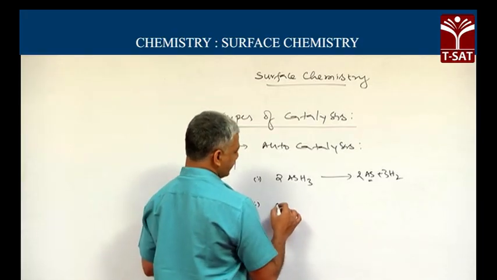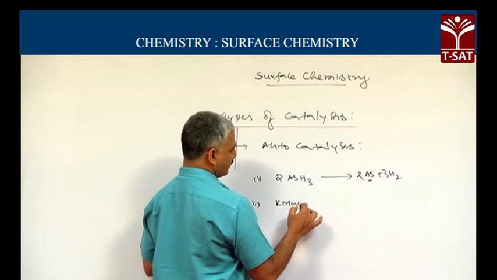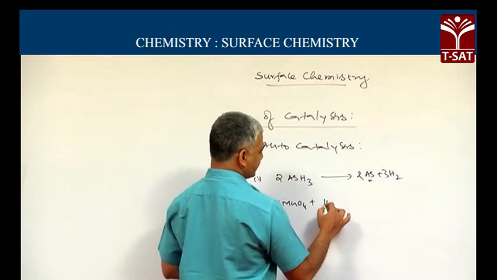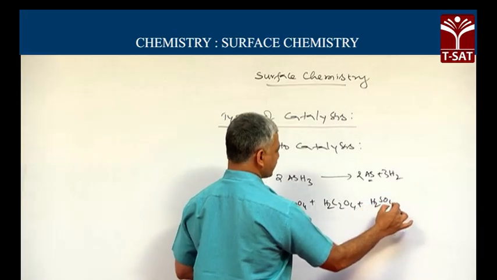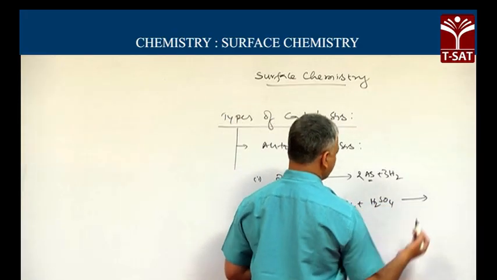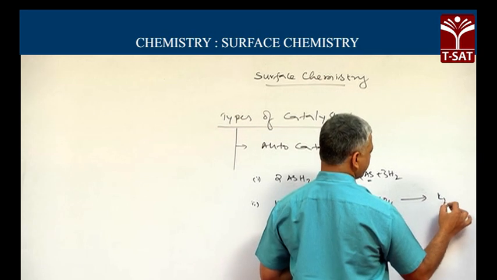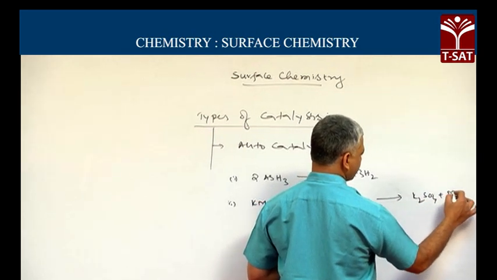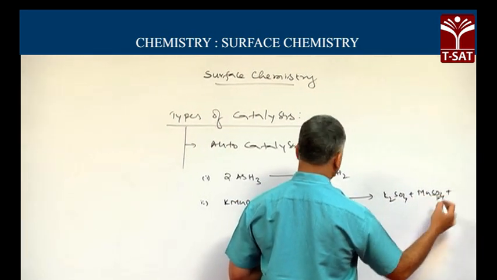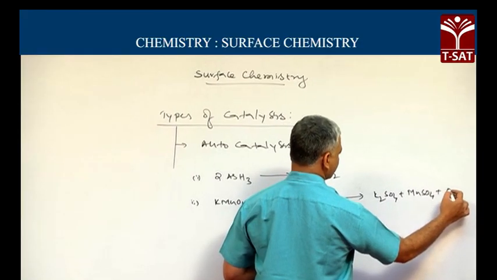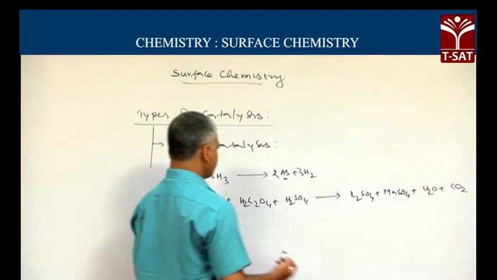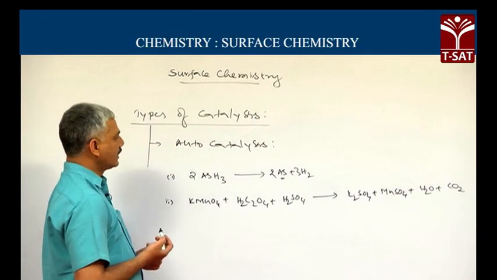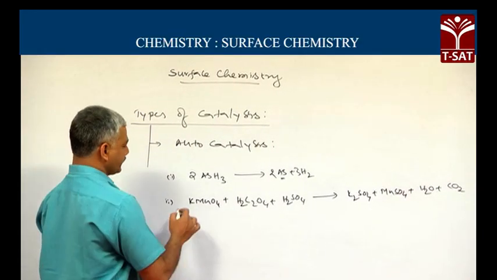Similarly, oxidation of oxalic acid by potassium permanganate is also an example for autocatalysis reaction.